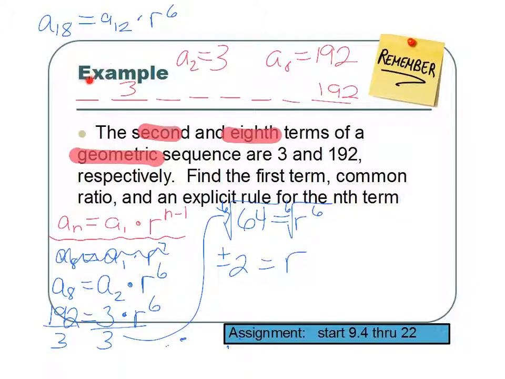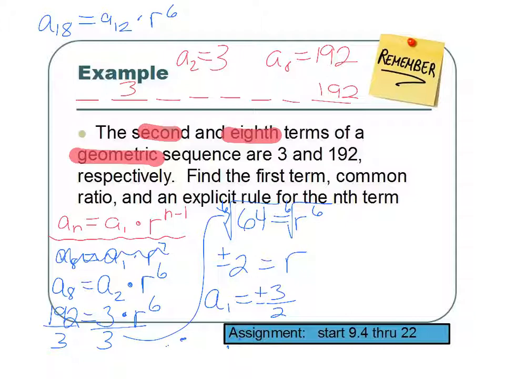To get back to the first term, which was one of the things they wanted, all I have to do is divide by 2. So my a sub 1 would end up being 3/2, unless my common ratio was -2, in which case it'd be -3/2. So I'm going to put a plus or minus on that 3/2.